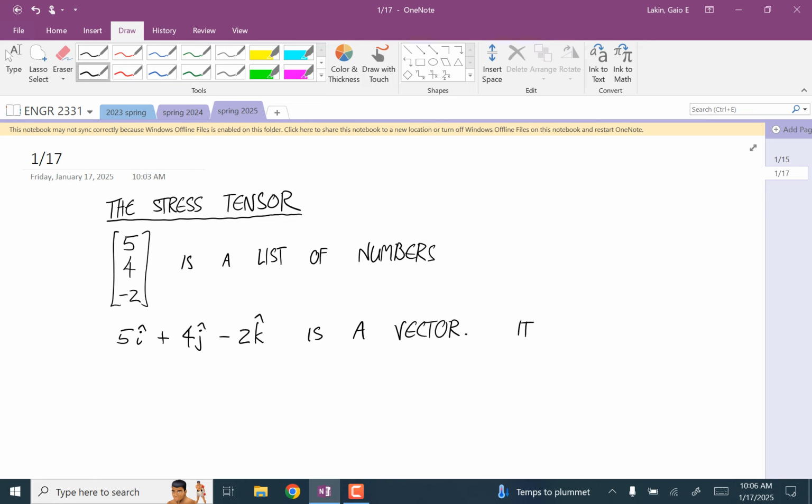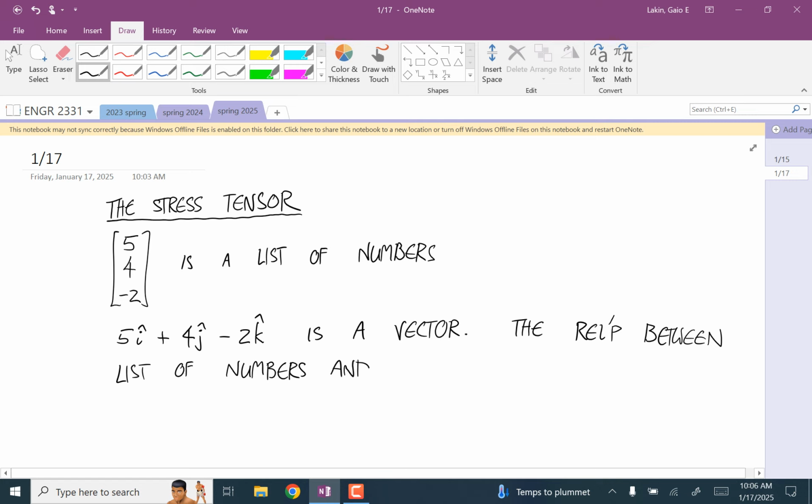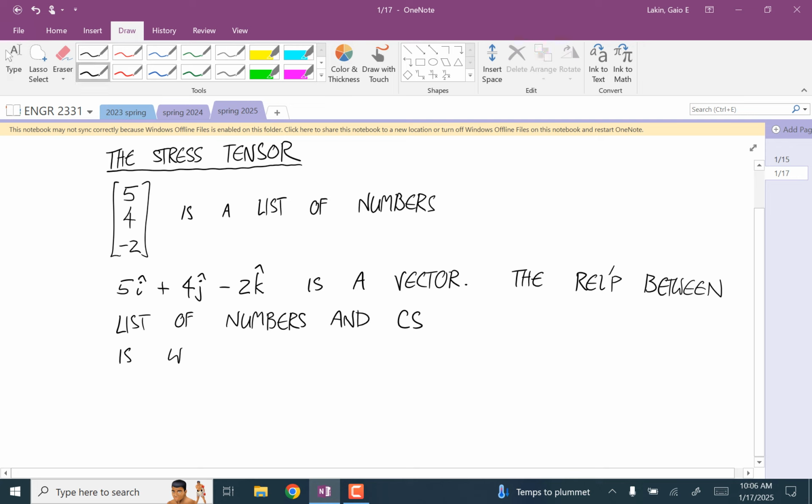So in other words, the relationship between the list of numbers and the coordinate system is what makes it a vector.